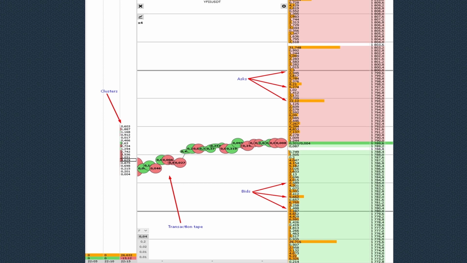Then we go into clusters. Clusters are located on the left side and they display the volume which has gone through a particular price, and also the direction of the volume.